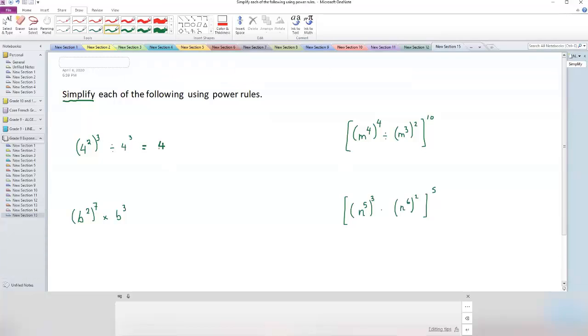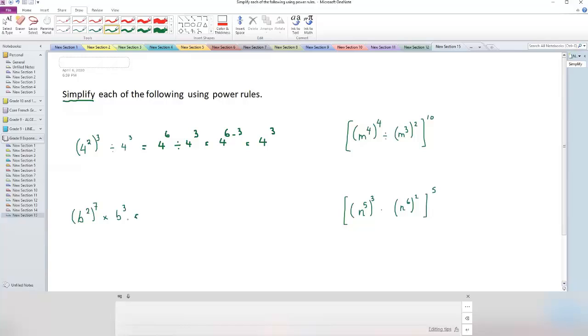So 4 to the power of 2 times 3 equals 6, divided by 4 to the power of 3. I know from the previous lesson about division, if I have the same base, I subtract the exponents. So 6 minus 3 equals 3, so that means 4 to the power of 3. And this is my final answer.